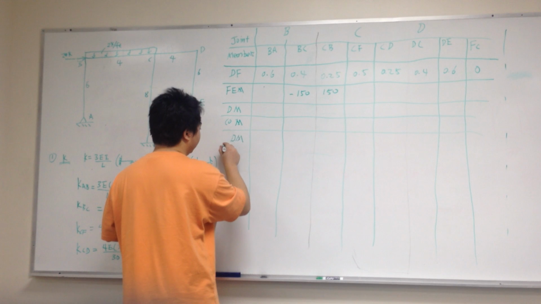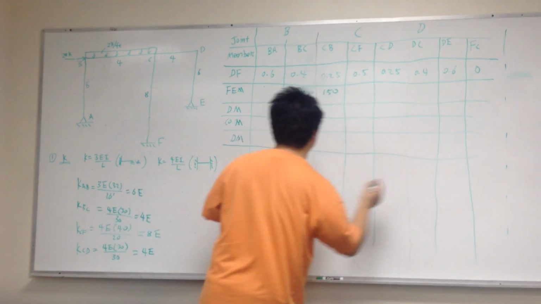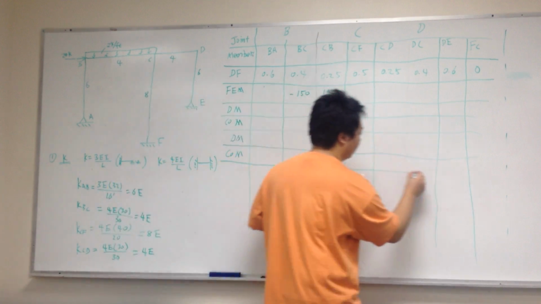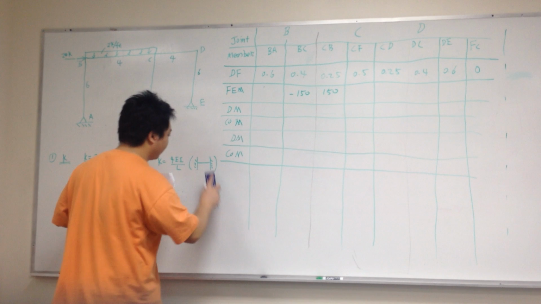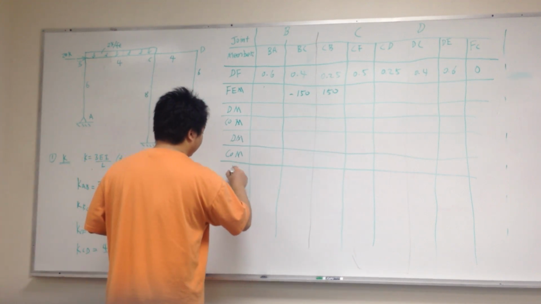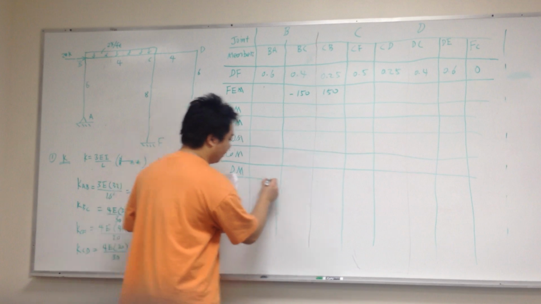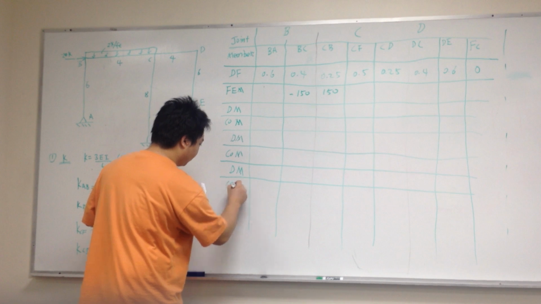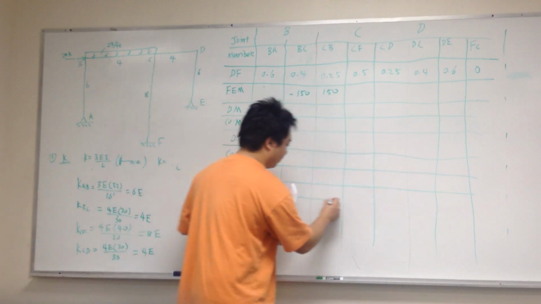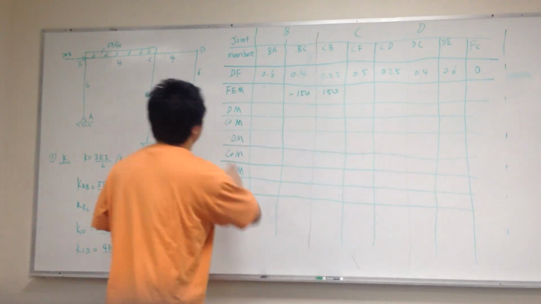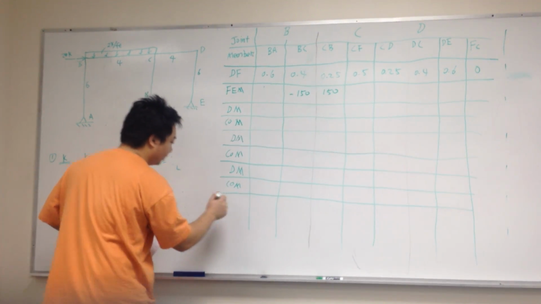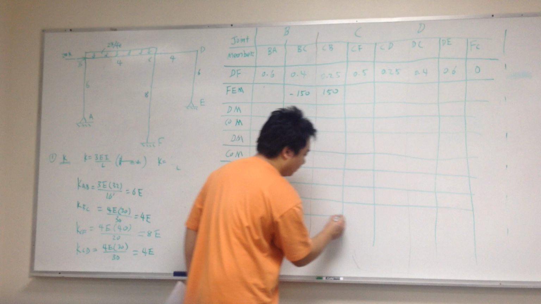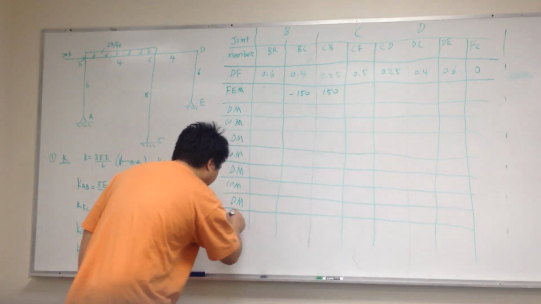This one is moment again, carry over. One time, 2 times, 3 times. So next one, distribute again, and then just sum them.